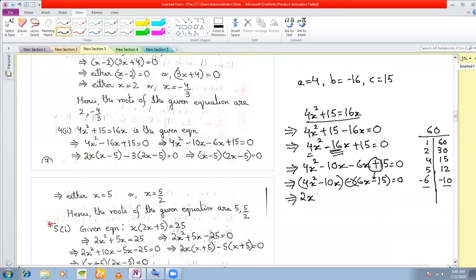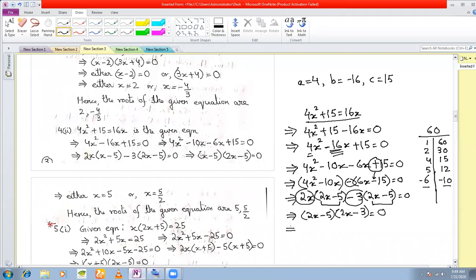HCF is 2x, 2x minus 5, minus HCF of 6 and 15 is 3, 2x minus 5 equal to 0. So we are getting a common factor here, which is 2x minus 5. And therefore, I can take out the common factor 2x minus 5. So I'm only left with a plus 2x and a minus 3.